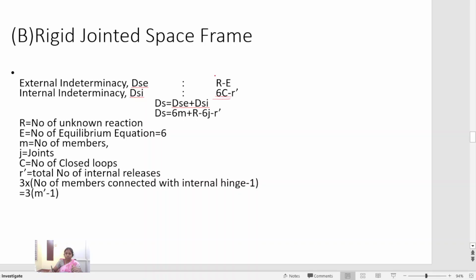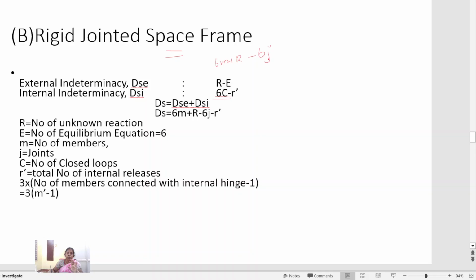External indeterminacy is the number of reactions minus equilibrium equations. Our reactions are 6m plus r because it is a space frame. In a plane frame it is 3m plus r. The same way it is 6m plus r minus the available equilibrium equations, 6j.